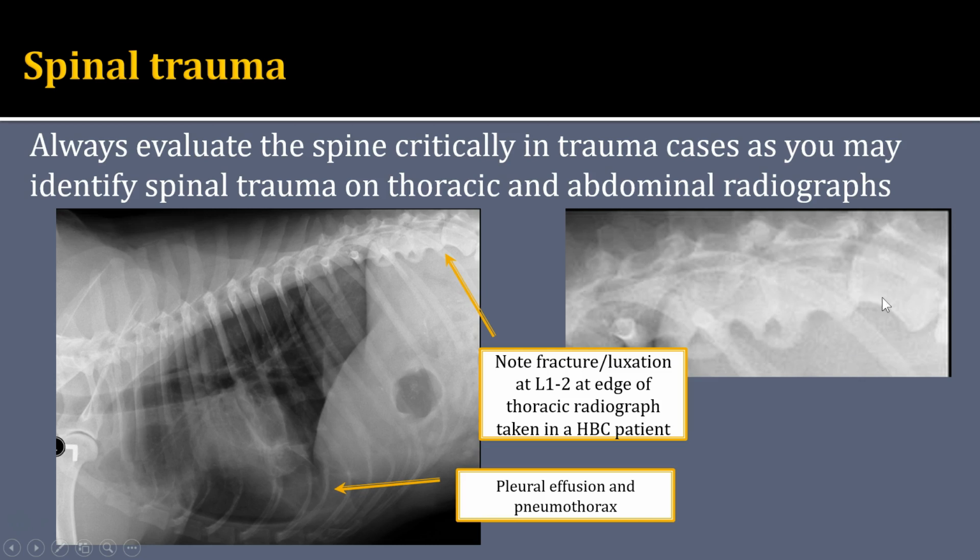And what we'll notice is that L2 here is dorsally luxated with no longer any articulation between those articular processes. And then that intervertebral disc space is also collapsed, so likely there's traumatic herniation. So again, we're going to say that this patient has a spinal fracture luxation at L1-2.